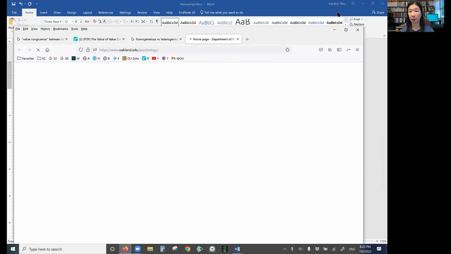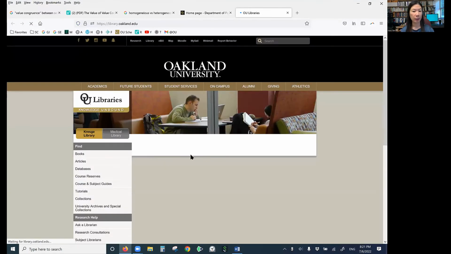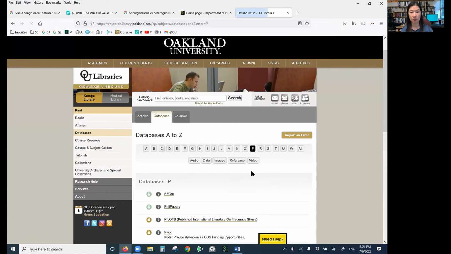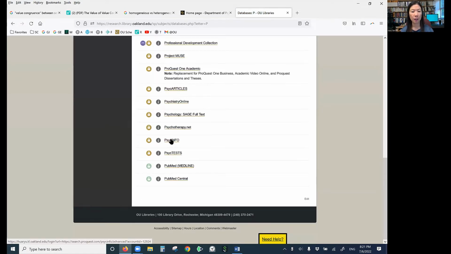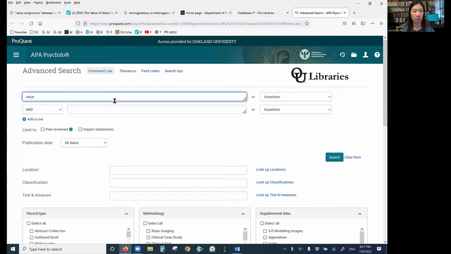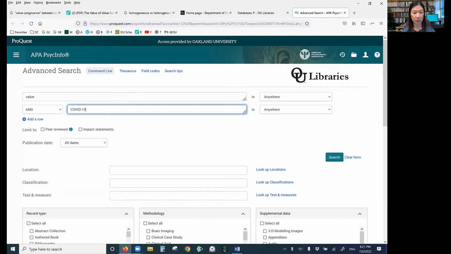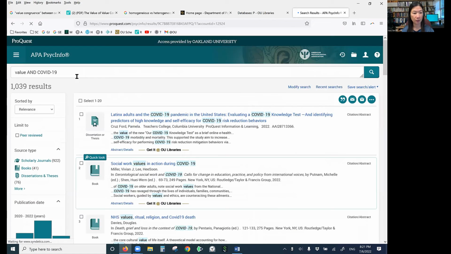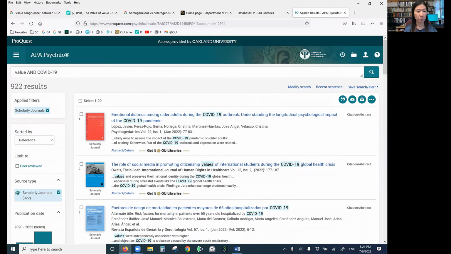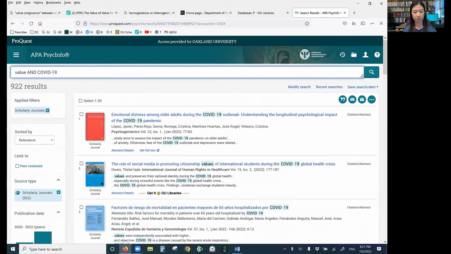I may still have it on my computer, but especially for this paper, I want to talk about how values explained or predicted behavior under the COVID-19 pandemic. So I want to use that. Value, COVID-19. Oh, there are a lot. Maybe value or values should be included in the title. So that's good.